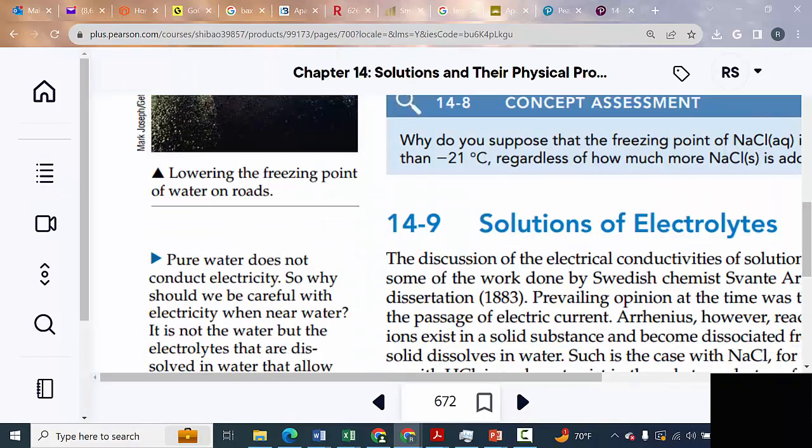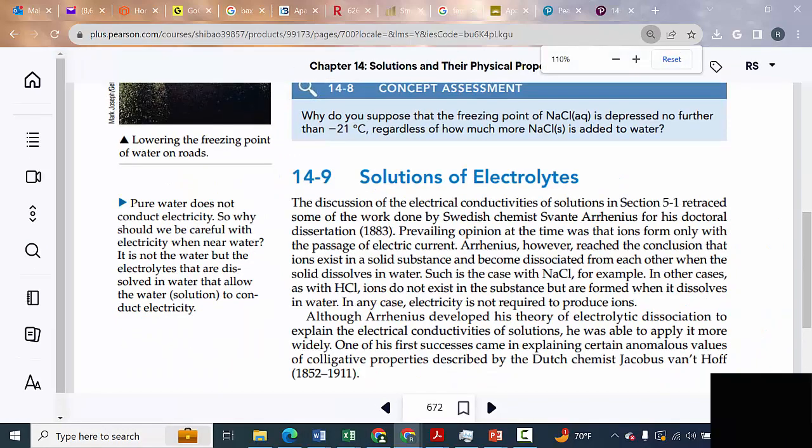It's only 2 pages long. I would read section 14.9.